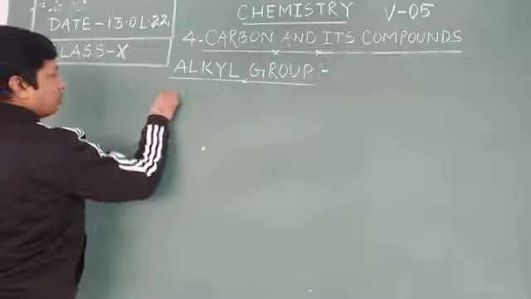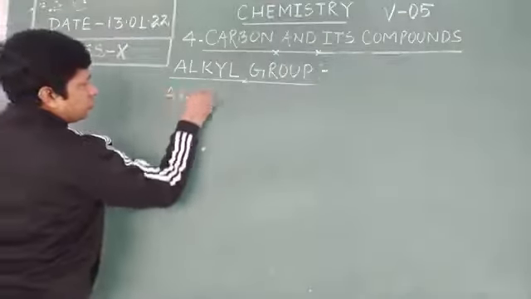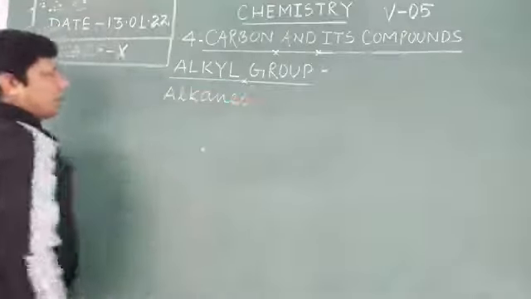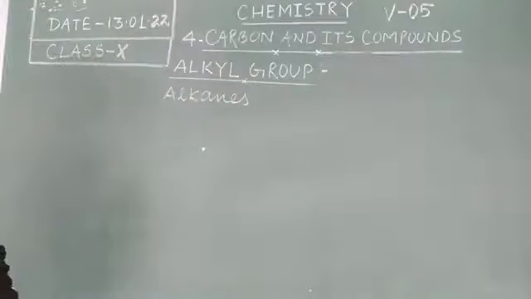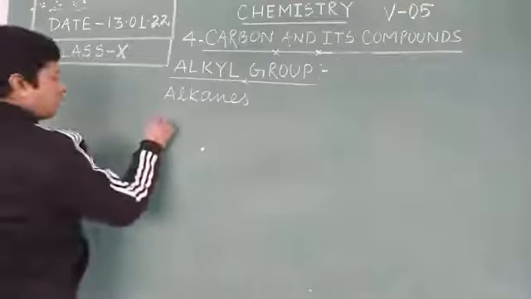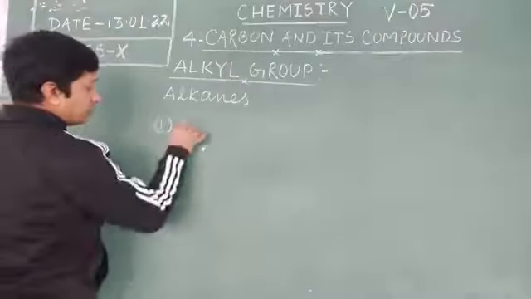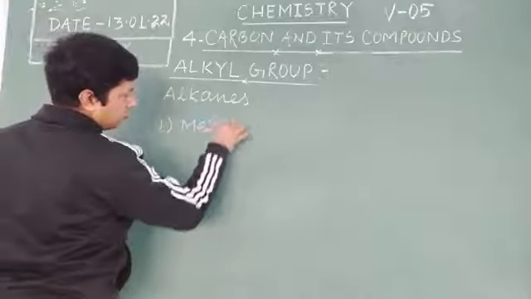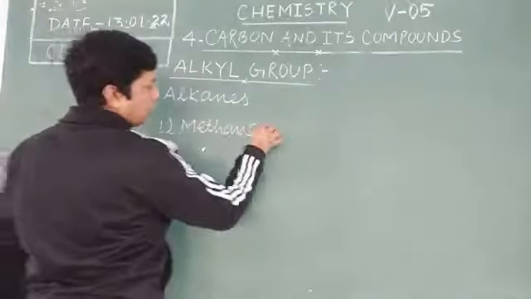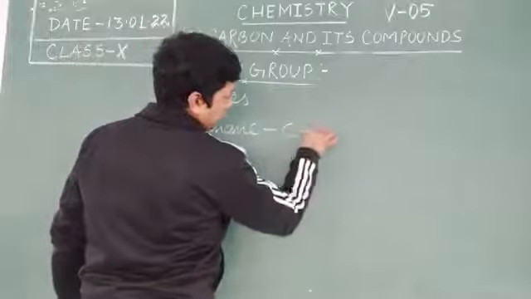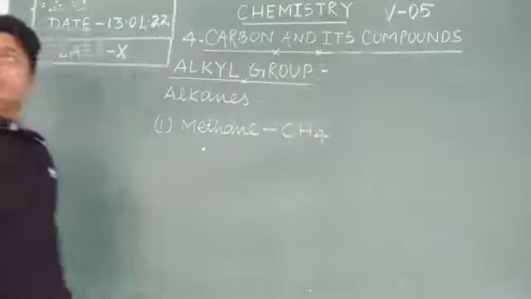Now, first of all, alkanes. Alkanes are the examples of saturated hydrocarbons. What are the different members of alkanes? The different members of alkanes are methane, the formula of which is CH4.